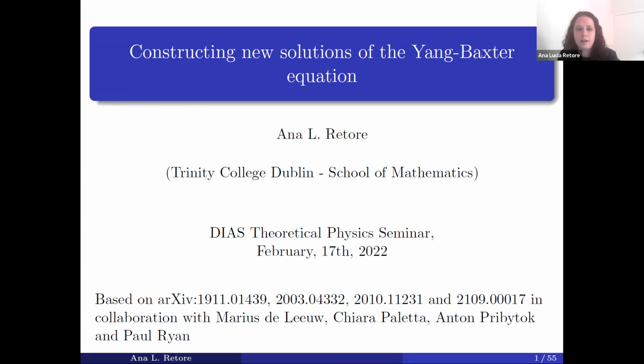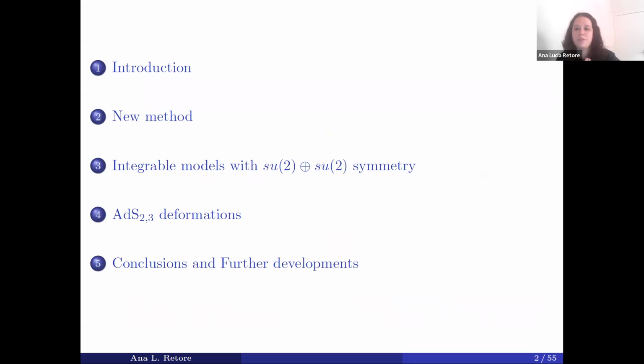The idea of the talk is to start with some introduction: what integrable models are, what Yang-Baxter is, and then explain which method we are using to find these solutions, and apply it to some specific type of models with SU2 plus SU2 symmetry. And then a second application is for these deformations of AdS.